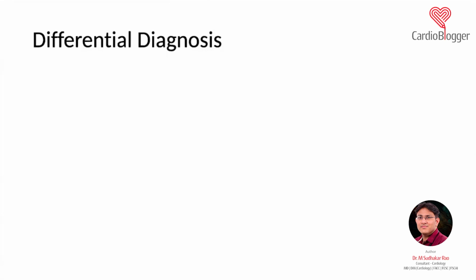Now I will discuss an important thing, though not relevant in this case. A patient who presents with dyspnea and palpitation. Suppose this is a 40 or 50-year-old male or female who presents with dyspnea and palpitation. Mitral stenosis always has to be in the picture.